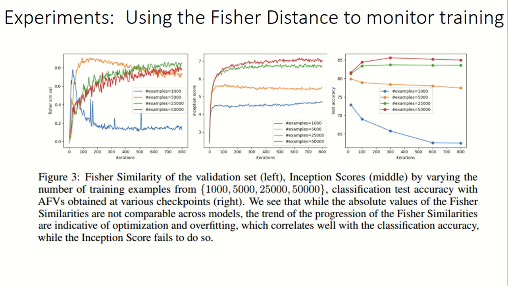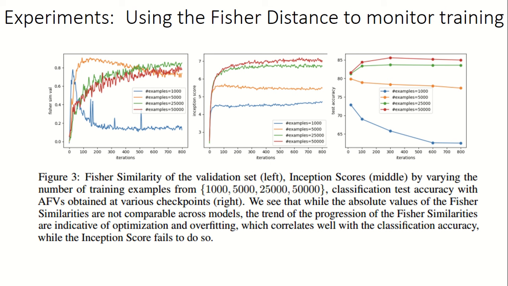So as I said, they also used the adversarial Fisher vector and Fisher distance to monitor training quality during epochs. They compared their method with another metric called inception score. As you can see, first of all, they both look consistent, especially when you increase the number of training examples.